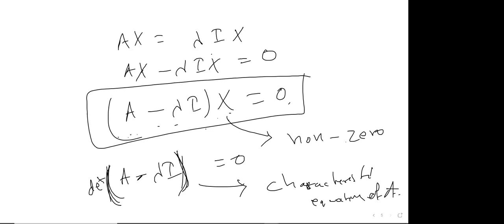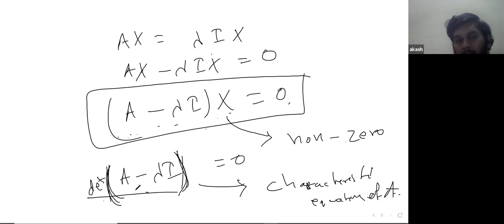Okay. See, this equation, determinant of A minus lambda times I equals 0, is called the characteristic equation of A, right? If they ask you to find the characteristic equation of a matrix, you have to find this. You have to calculate the determinant of this and put it as 0. That equation would be called the characteristic equation of A.